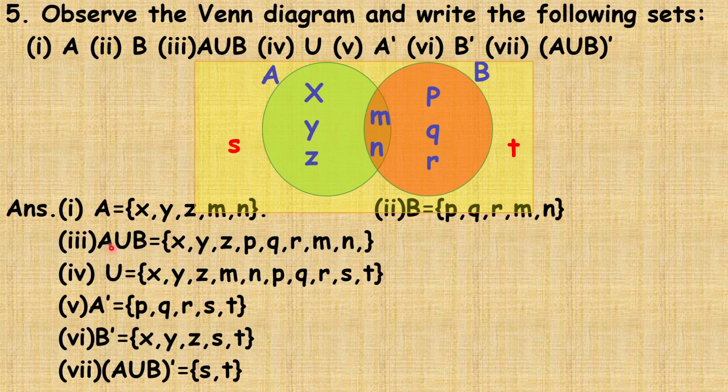Here the elements of A union B are X, Y, Z, P, Q, R, M, N. And we have to write the complement of A union B, the elements which are not in A union B but are in set U. That is, the elements S and T are the elements of the complement of A union B.